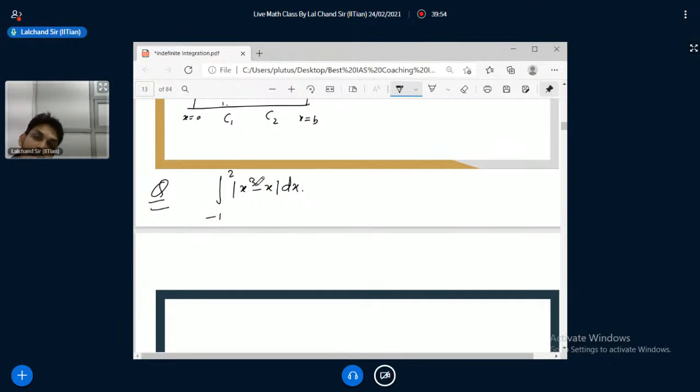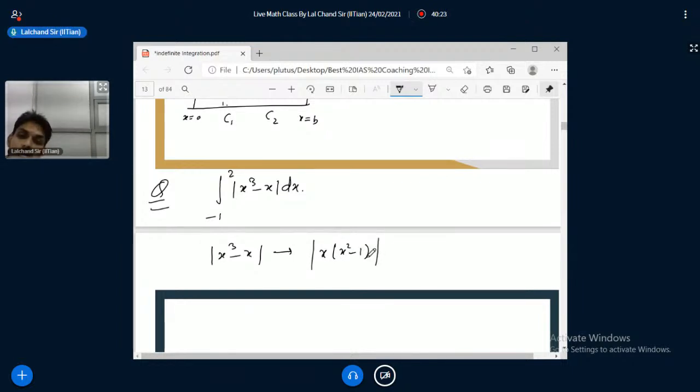Okay, how to open this mod? How do you define this function from -1 to 2? We have mod of x cube minus x. If I take x common, then I can write x times (x square minus 1).